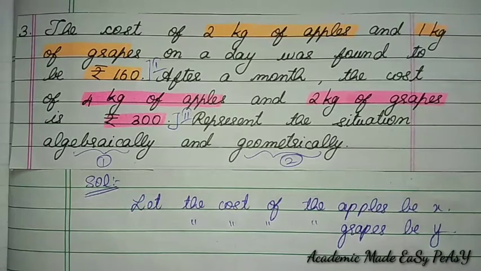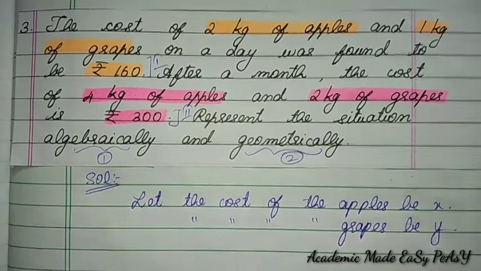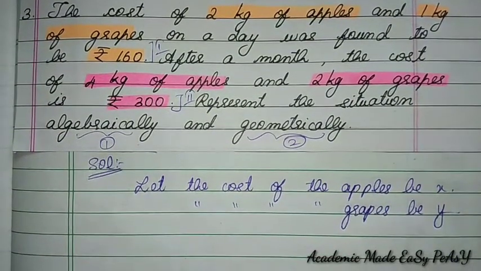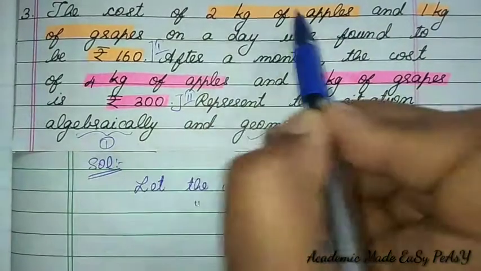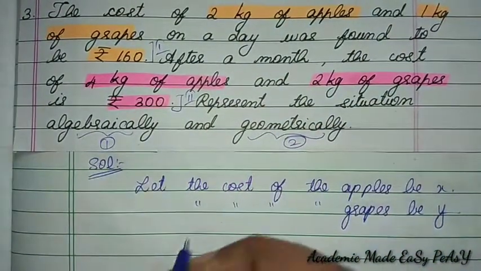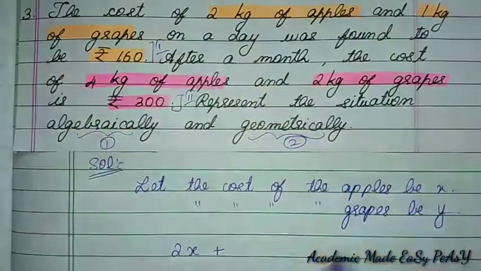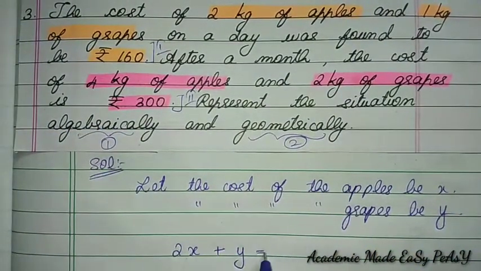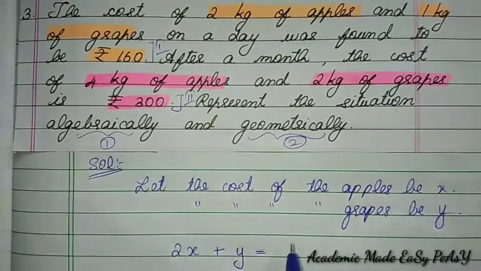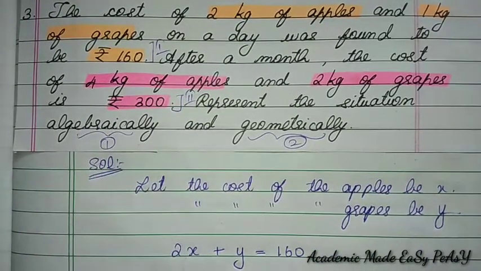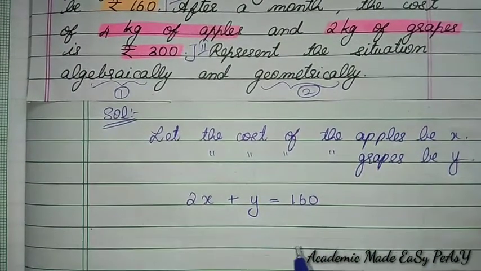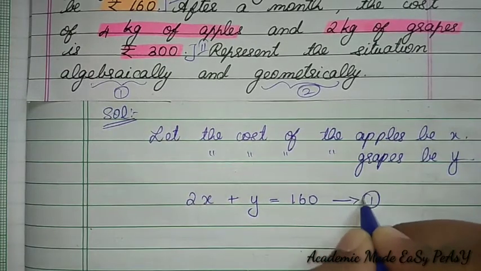So now let us start writing the equation. 2 kg of apples, so 2 into x, 2x, plus 1 kg of grapes, it is y, is equal to, what is the cost here? 160. So this will be equation 1.